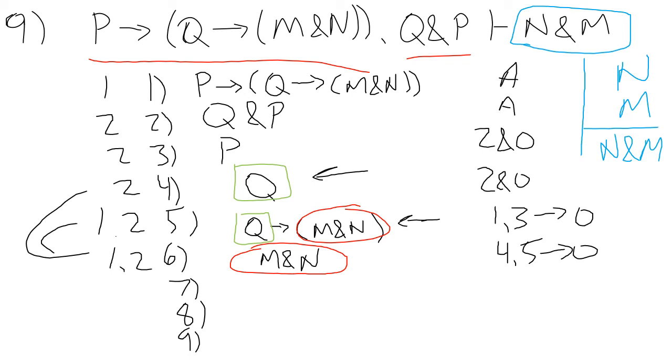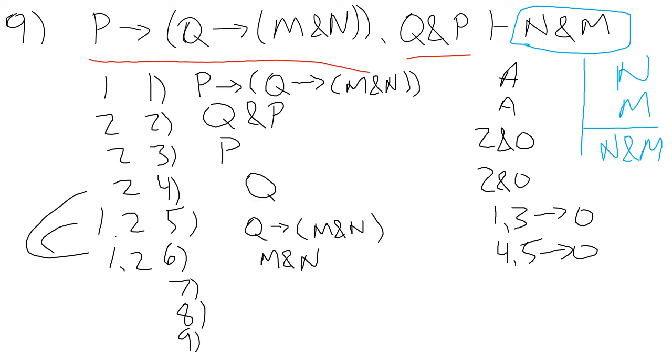Now, let's get rid of these. I'm still looking for N and M. I don't have them by themselves. I have M and N, but it's not the same thing as N and M. When we are looking to prove something, we have to prove it exactly, and we have to follow our rules to get there. So what can I do?